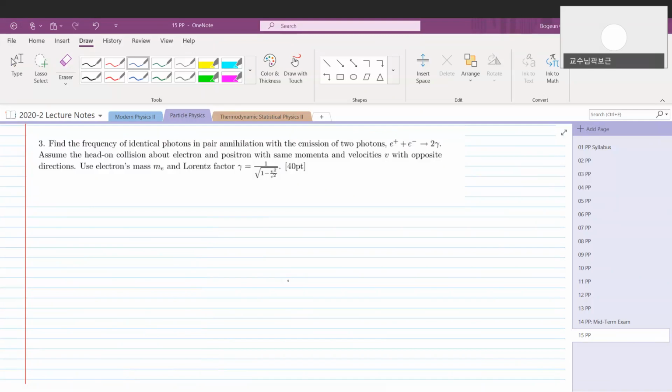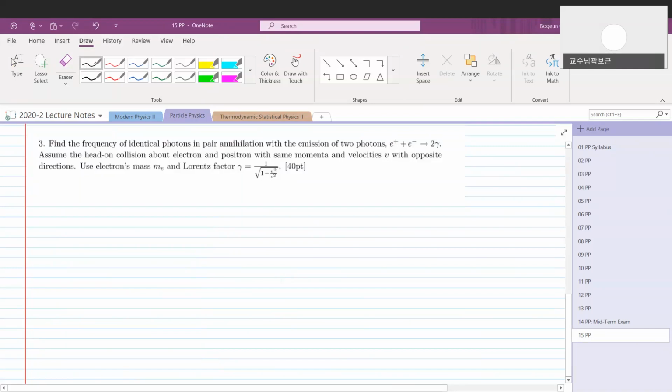Assume a head-on collision of the electron and positron with the same momenta and velocity v in opposite directions. Use the electron's mass me and the Lorentz factor gamma equal to 1 over the square root of 1 minus v squared over c squared.